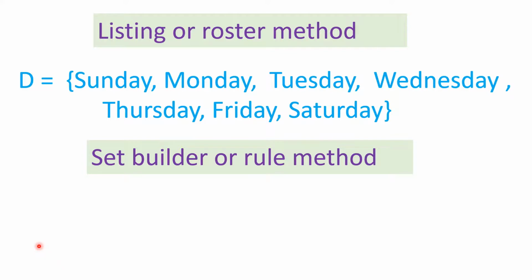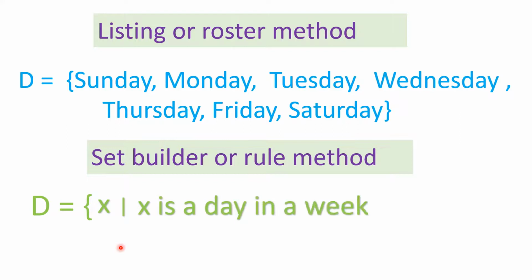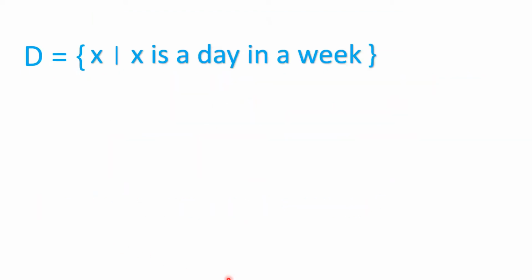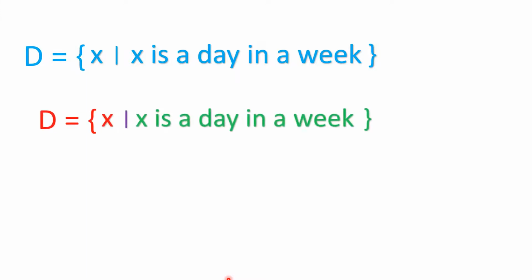So let us write this set in the set builder form. D is a set of all x such that, what is the rule for x to be a member of the set D? x is a day in a week. Let us close the curly bracket. Let us again see how we read it.